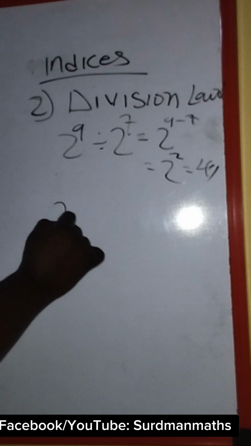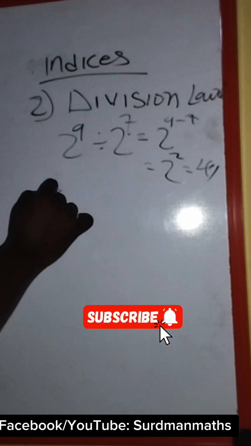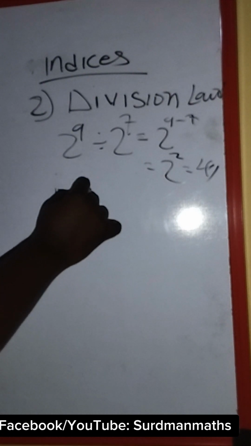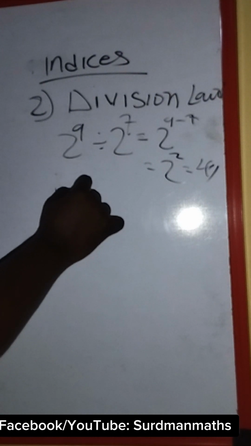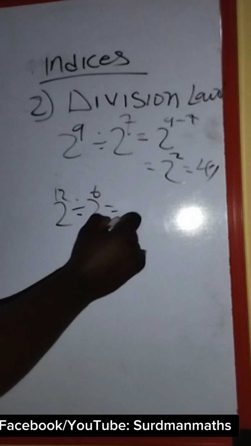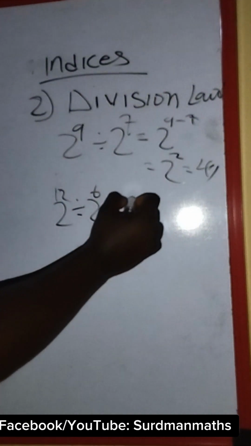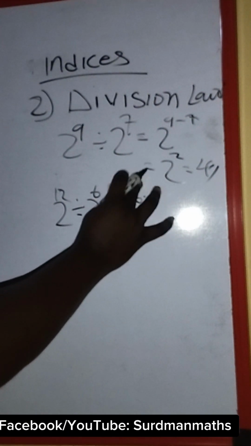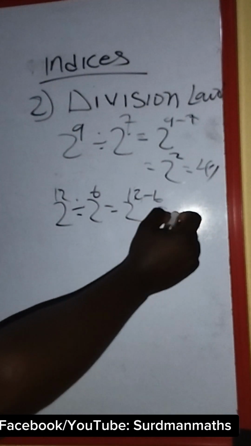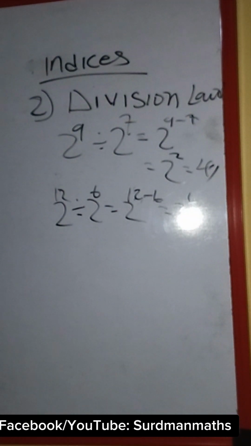So we have 2 raised to power, let's say 12, divided by 2 raised to power, let's say 6. We have 2 raised to power 12 minus 6, which will give us 2 raised to power 6.